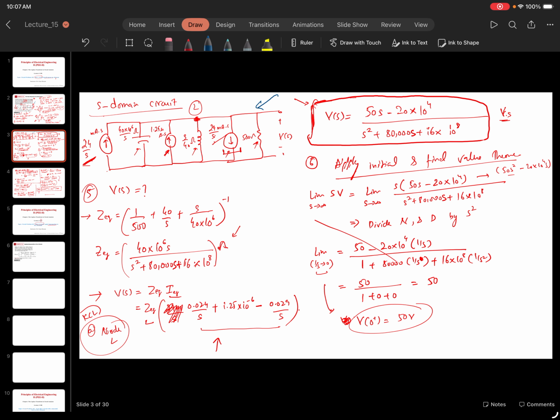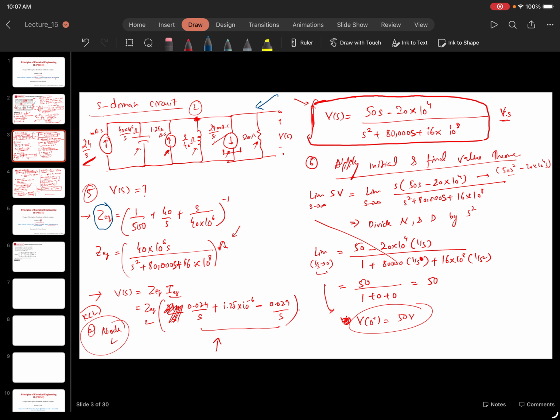Then we had resistance and inductive reactance, or we had impedances, right? We have impedance from the inductor and the capacitor as well, and the resistance of the resistor too. So we combined all of them together to find the Z equivalent. And then we had three different current sources.